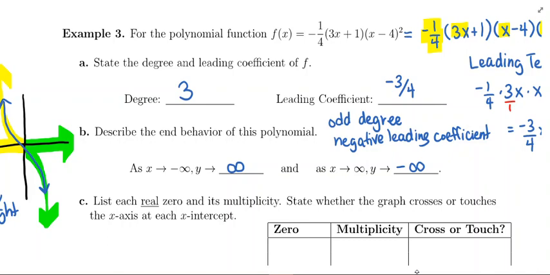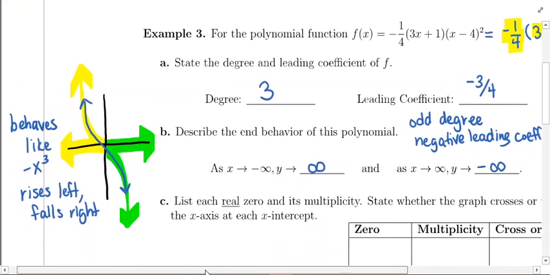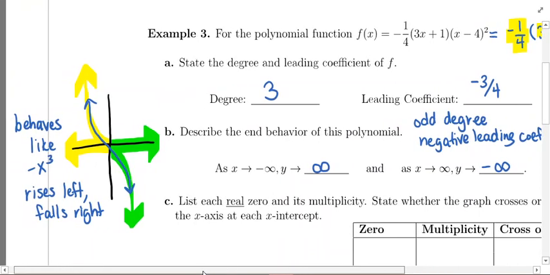And as your x values approach positive infinity, the y values approach negative infinity. That's how you mathematically write that this polynomial function is rising left and falling right. When we get to part F, where we're putting all this information together, you had better have a polynomial that is behaving like this. It needs to be rising to the left and falling to the right.